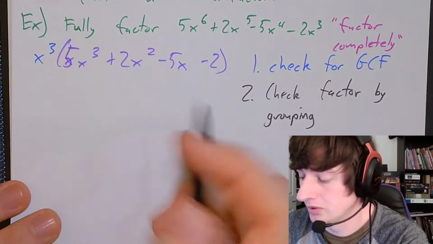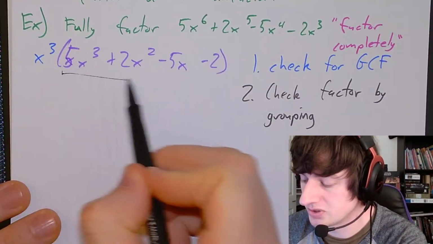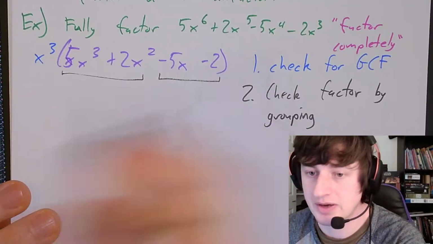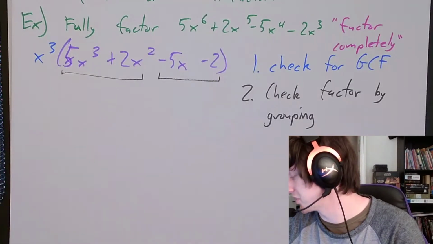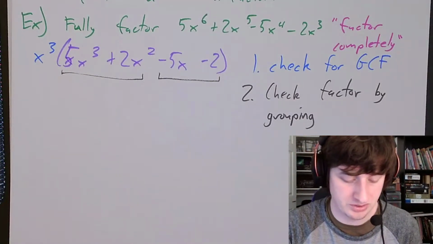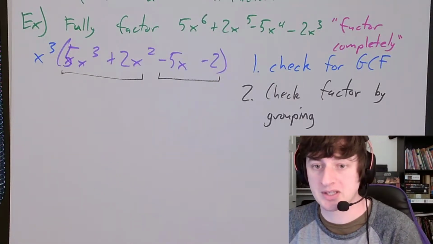Can we group the terms here into 2 sets and then factor each of those and then factor the greatest common factor out of whatever we get? So the answer here is yes. Yes, I can do that.